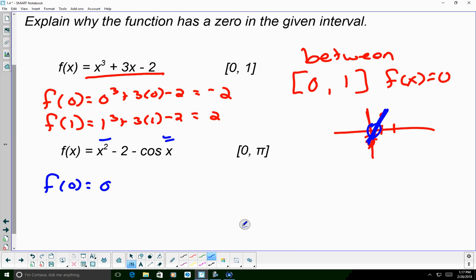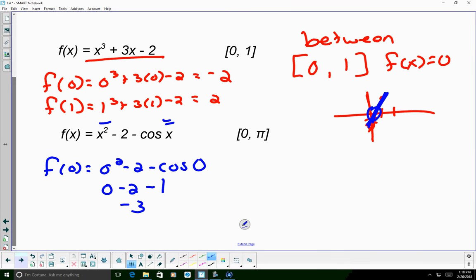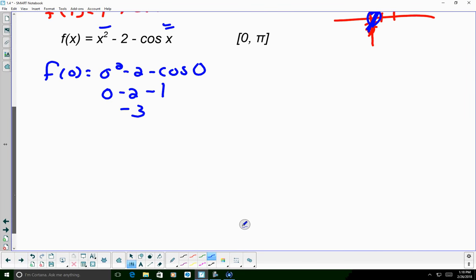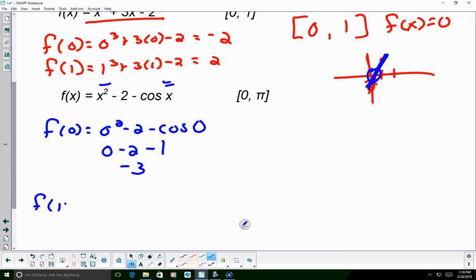Substituting in 0, I'm going to have 0 squared minus 2 times 0 minus the cosine of 0. So this will be 0 minus 0, and the cosine of 0 is 1. So I'm going to end up with -1. Doing f of pi, I'm going to have pi squared minus 2 pi minus the cosine of pi, which is going to be pi squared minus 2 pi, and then the cosine is a -1, so this will be +1.